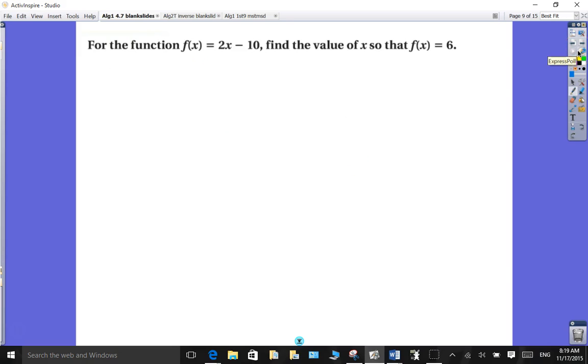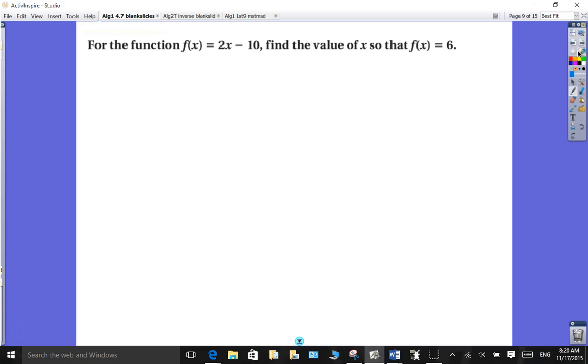Now here's the other way you can get asked the question. Not that they're going to tell you the x value to plug in, but instead they're going to tell you what the f of x equals. You're not going to substitute for x, you're going to substitute for f of x. So it says, for the function f of x is 2x minus 10, find x so that f of x equals 6.